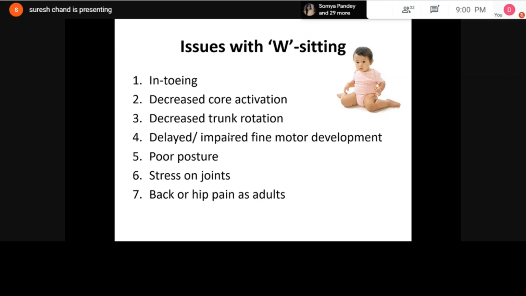And because of W sitting, child cannot cross the midline, so the fine motor development is sometimes delayed because the bimanual and fine motor movements are developed when child crosses the midline, which is restricted because of W sitting. It leads to poor posture of pelvis and spine, as well as it puts in abnormal stresses on joints like hip and knee, and it might lead to back and hip pain as adults.